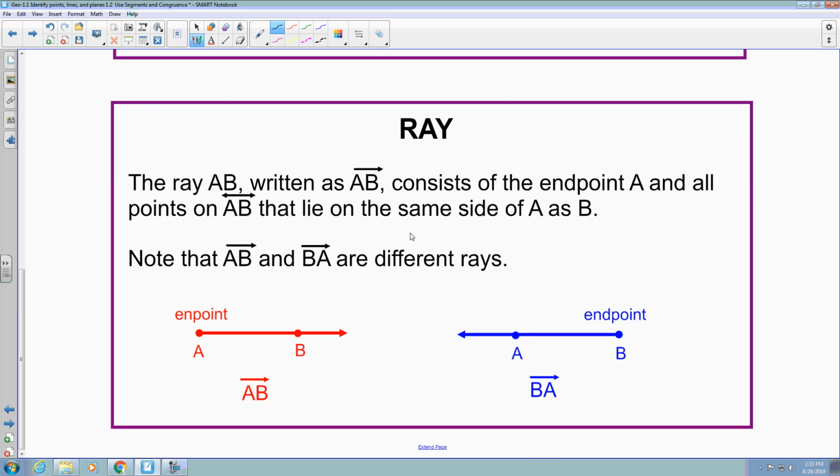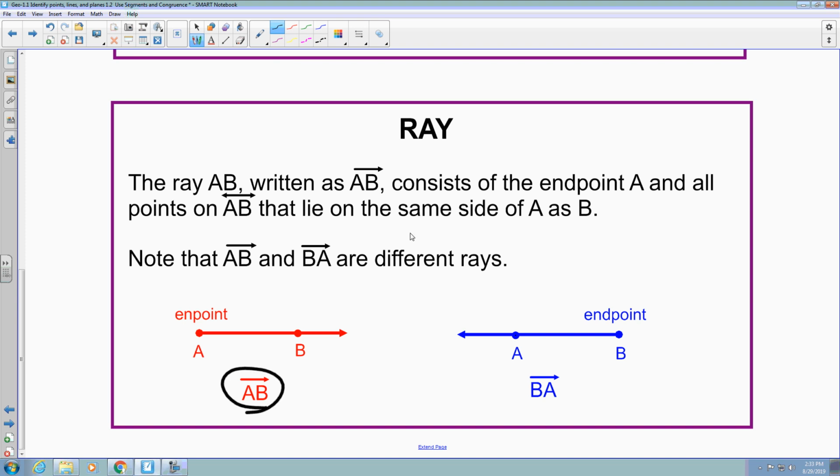Another kind of line is a ray. You have to be really careful in how you label rays because one of the points is the endpoint and the other point is the direction it's going to go to infinity. In this case, we have ray AB.